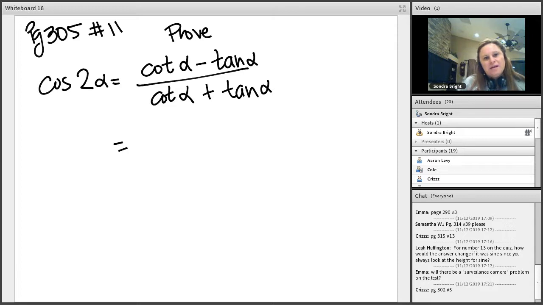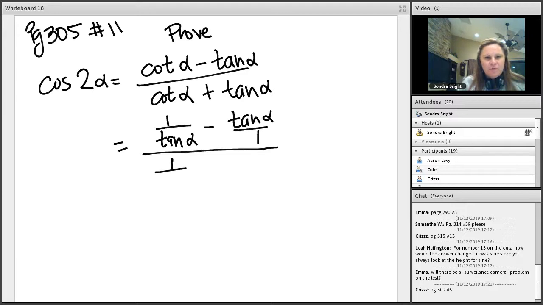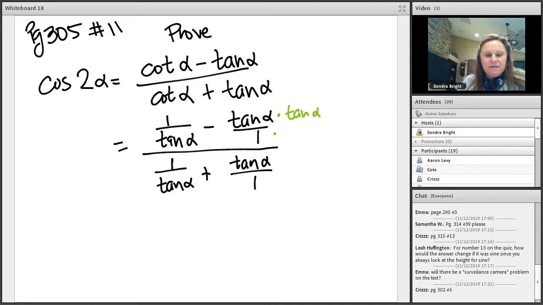write it as cotangent is 1 over tangent. And that's like tangent over 1. And then divided by 1 over tangent plus tangent over 1. And then we would need a common denominator in order to subtract these. So multiply this guy by tan over tan.